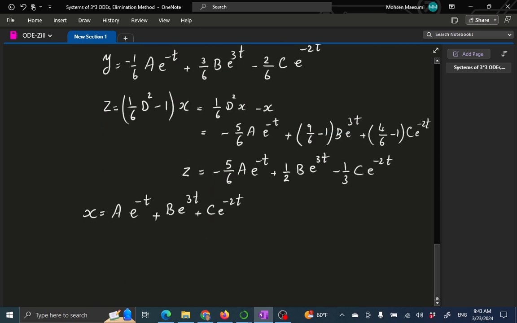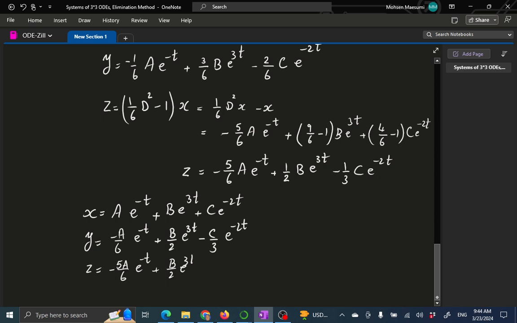Then my y became minus 1/6 of a exponential of minus t, 3/6, maybe we clean that up, b half exponential of 3t, and simplify that one, minus c third exponential of minus 2t, and z became minus 5/6 of a exponential of minus t, b half exponential of 3t, minus c third exponential of minus 2t.